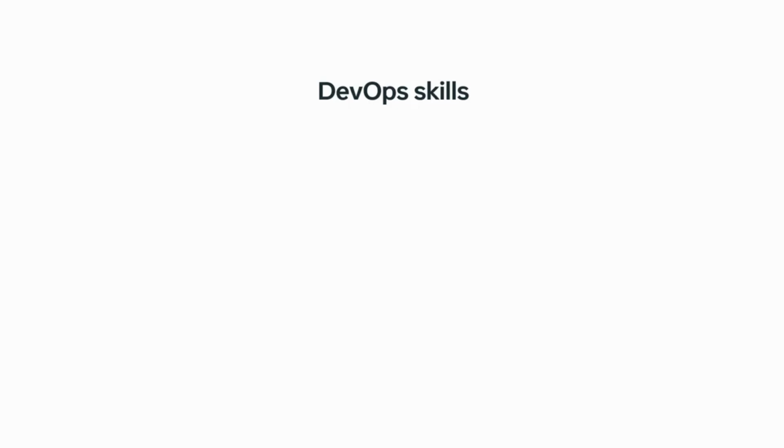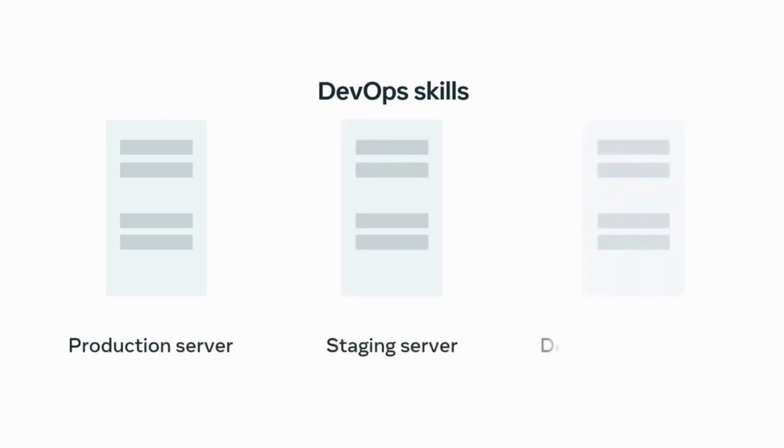Such a developer should have some essential DevOps skills to build and deploy an application to production, staging, and development servers. To be a full-stack developer, you must learn everything that is required to create and deliver a functioning application. And you must also be familiar with a version control system like Git for full-stack development. It takes time to be a successful full-stack developer, so you'll have to be a little patient with yourself.